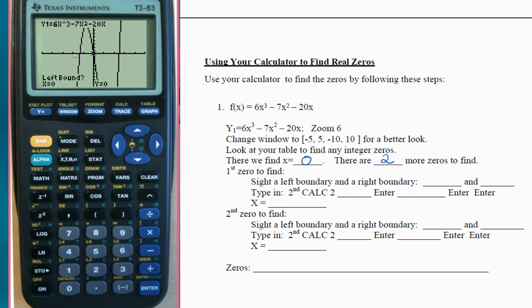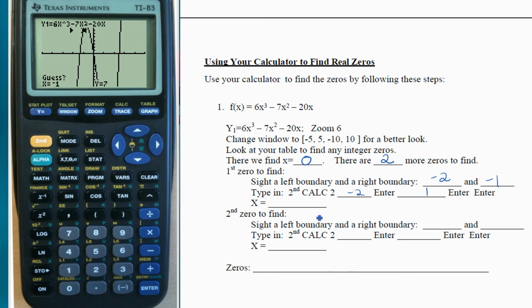Now, -2 is to the left of that, so we can use -2, and we can use -1 as something that's to the right of it. So first it's asking for a left bound, so we're going to hit -2 and we're going to hit enter. Now it's asking for a right bound, so we're going to hit -1 and we're going to hit enter.